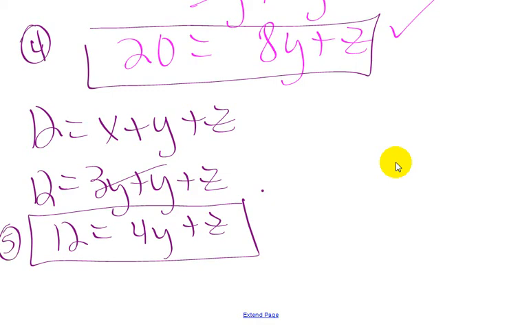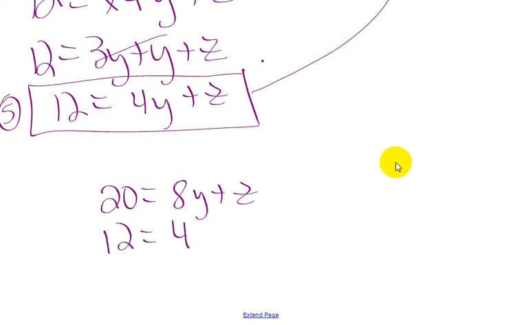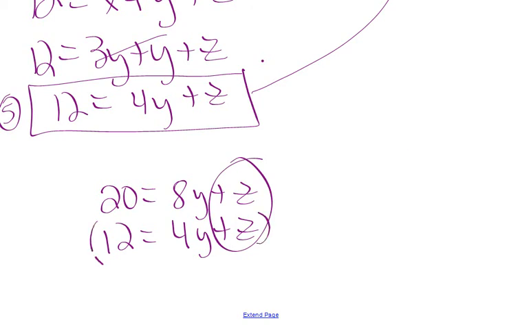Now we want to combine equation 4 and 5 and try to eliminate one more variable. So we're going to have 20 equals 8y plus z. And we're going to have 12 equals 4y plus z. So what we need to do, we can eliminate a z if we multiply everything by a negative 1. Let's do that on the bottom, right? So when we do that, we get a negative 12.